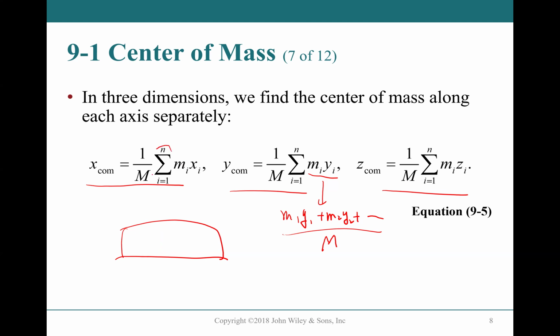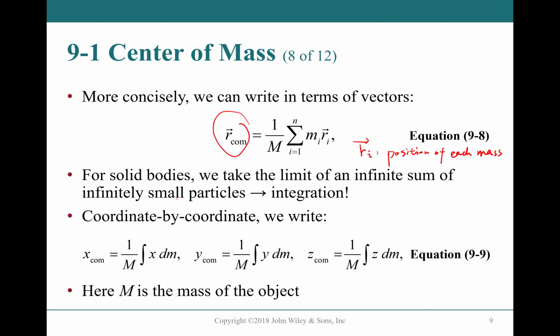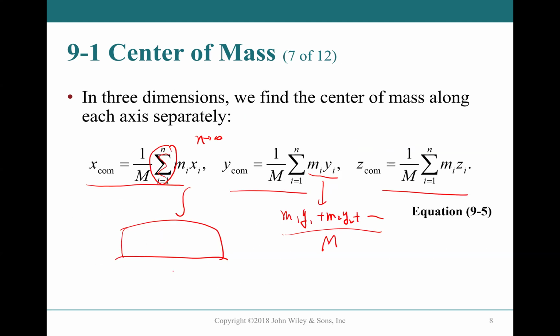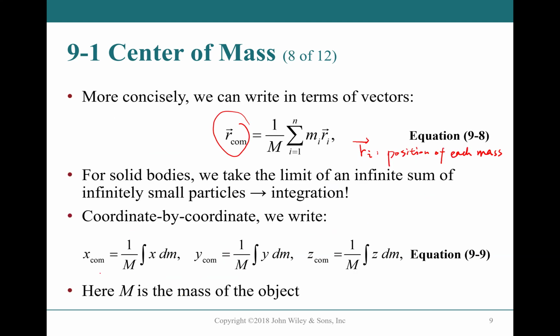Because n goes to infinity, the summation will become an integration. So for each little mass, multiply by its location and do an integration over the whole body. So that's why we have this for the x direction, this for the y direction.